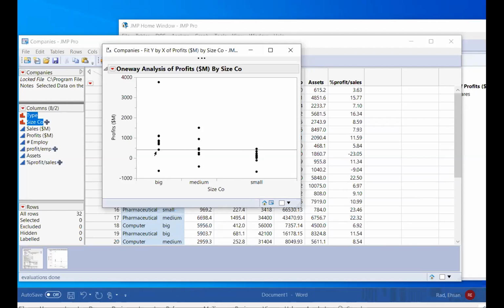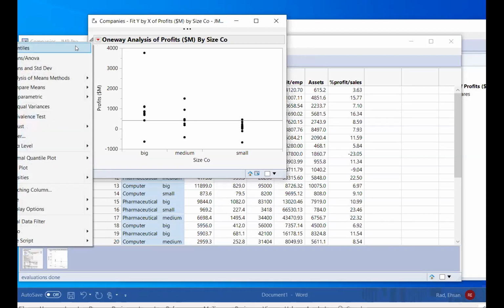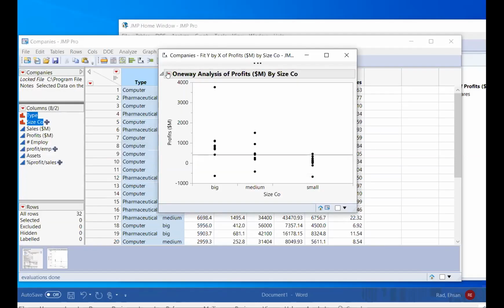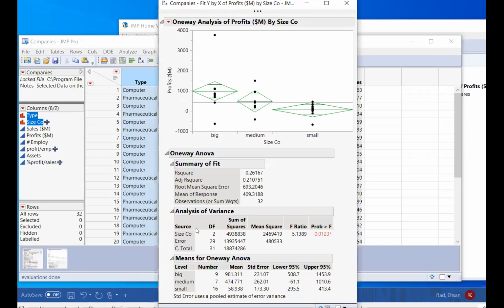Visually, we can probably say there is some kind of difference because these are not at the same level in average. So what test should I run? You have more than 2 groups. What test should you run? ANOVA test. So click on the red triangle, Means/ANOVA. Where do I look? Analysis of variance test, p-value.